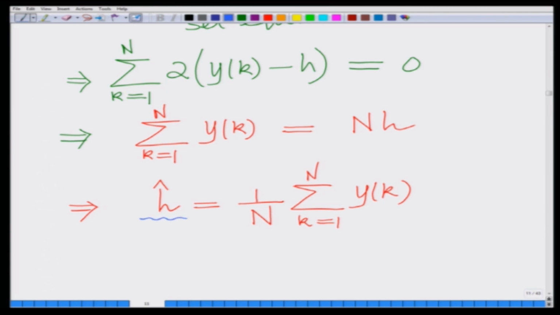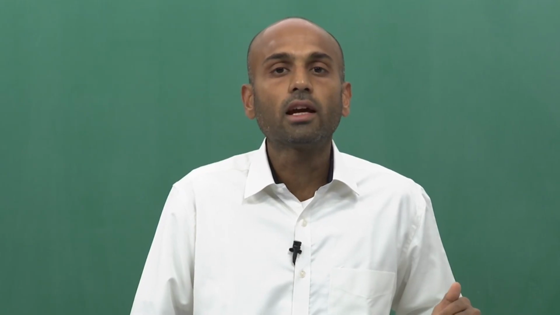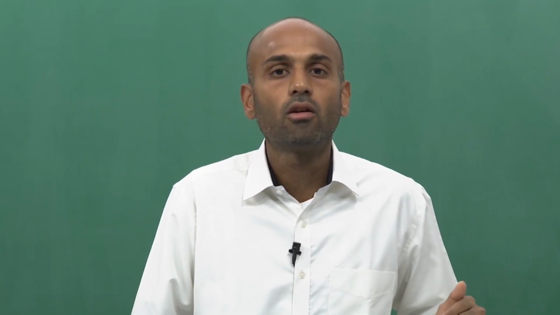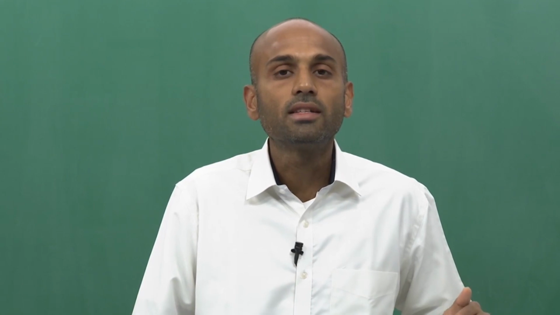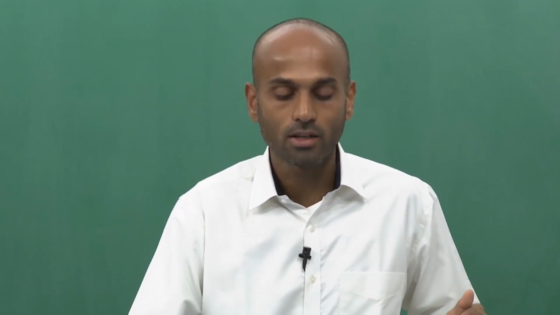This is an estimate of the unknown parameter h, that is, the value of h at which the likelihood function is maximized is basically the estimate of the unknown parameter h. This is denoted by h hat, this is the maximum likelihood estimate of h.